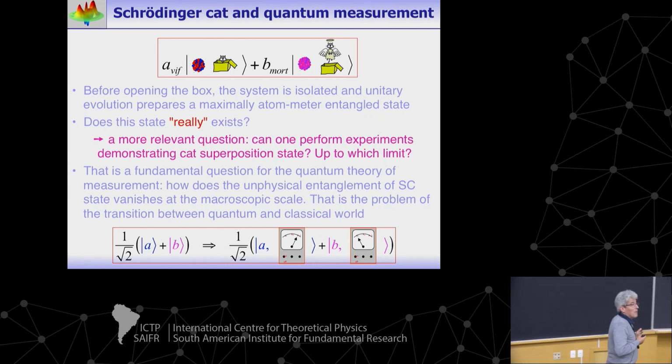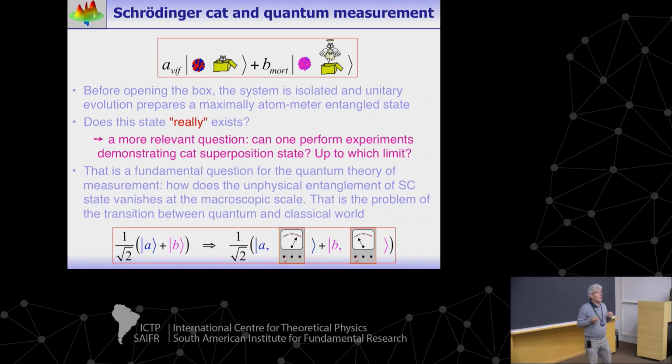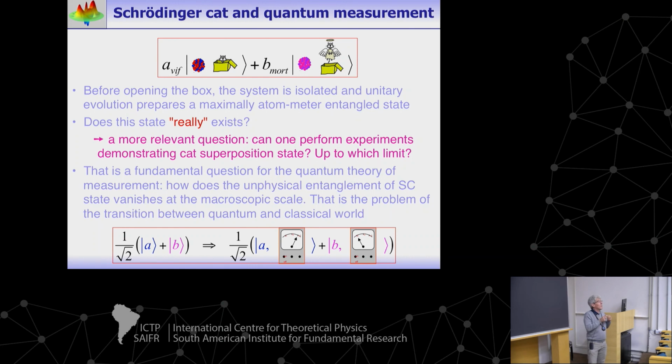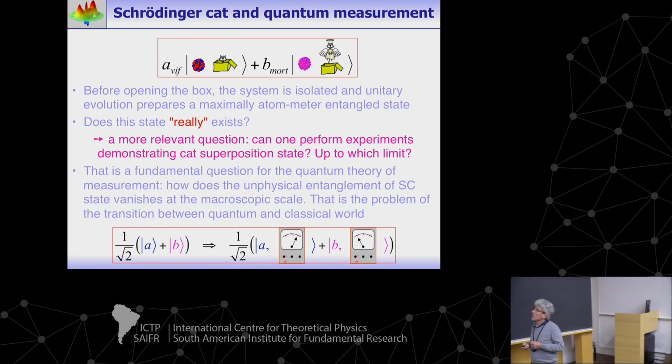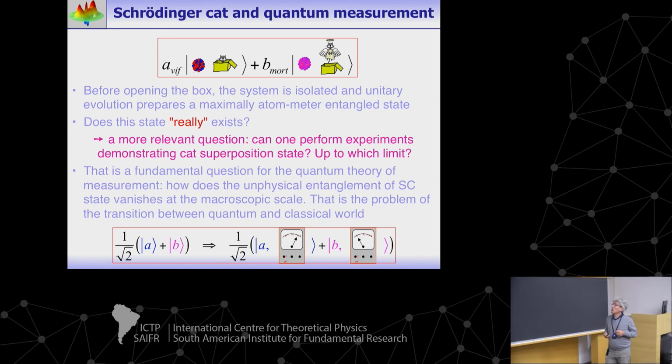And for this, we will build an experiment, not with a cat, but with a mesoscopic object, which plays the role of a meter, and whose size can be varied from very small to very large to try to observe the transition between quantum superposition and actual results of classical measurements.